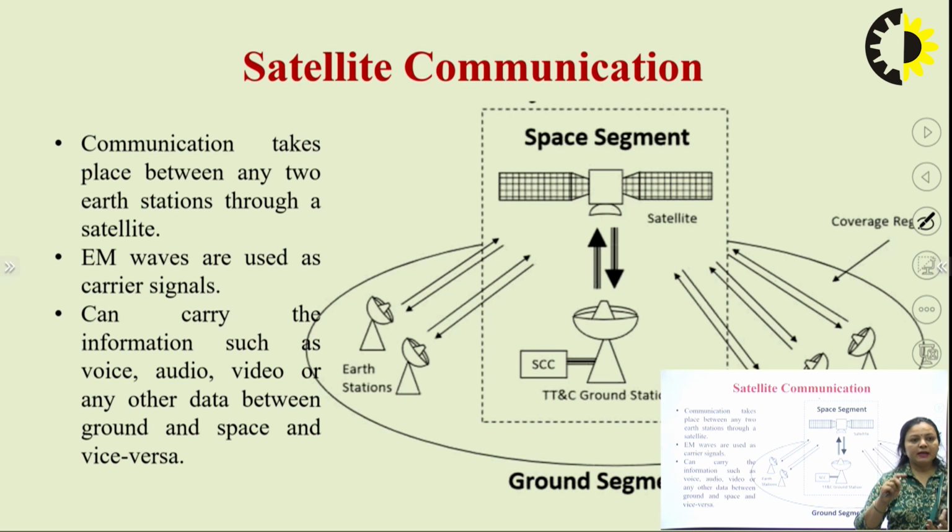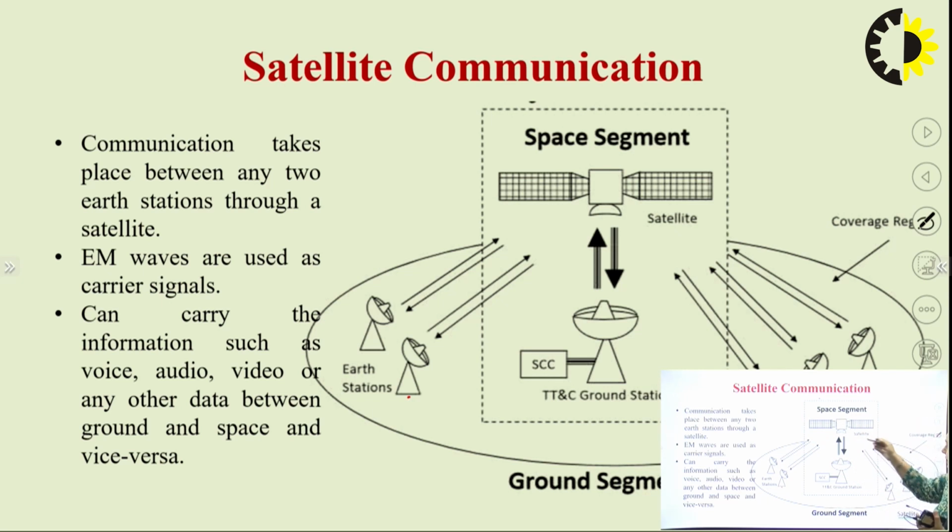Now, if we have placed a satellite, how will it communicate? The communication takes place by exchanging information between any two earth stations. Say I have an earth station here, and the signal will be transmitted in the upward direction to the satellite.